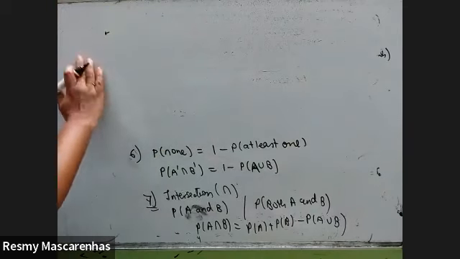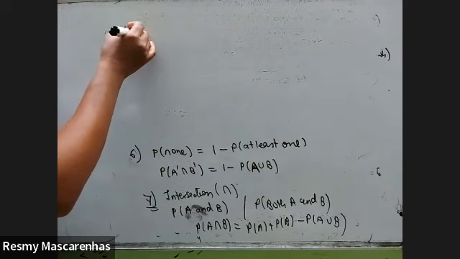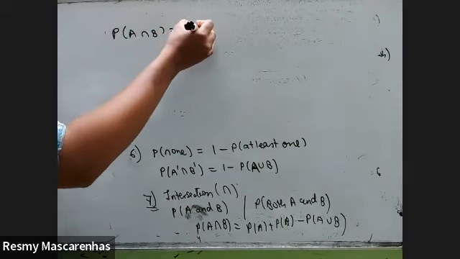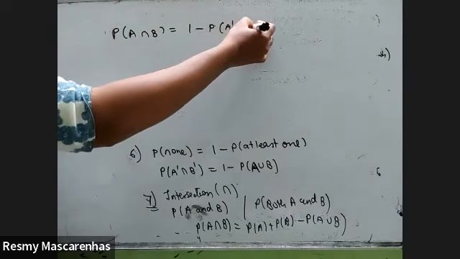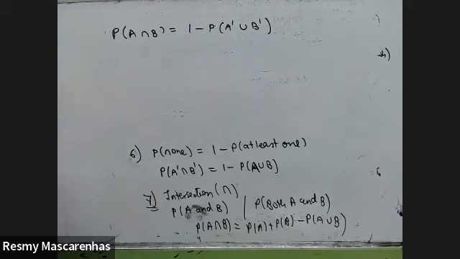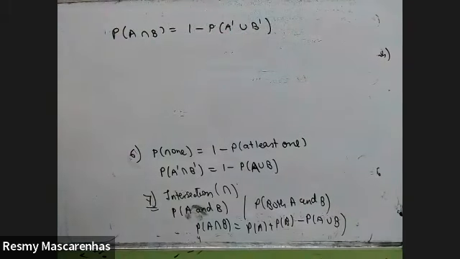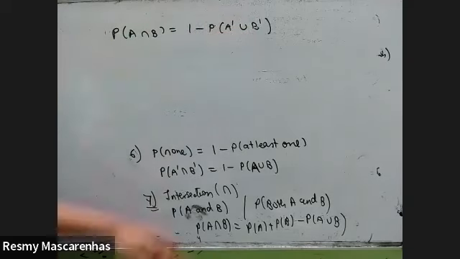Okay, in terms of complement also, P of A and B is also equal to 1 minus, if this is intersection, union. This is another formula. If you are using complement, you notice this sign will always reverse.